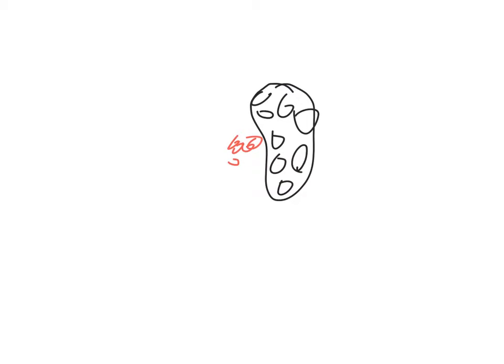But when there's a loss of contact inhibition, that means these cells then still keep replicating and actually form a tumor in this organ. So contact inhibition.